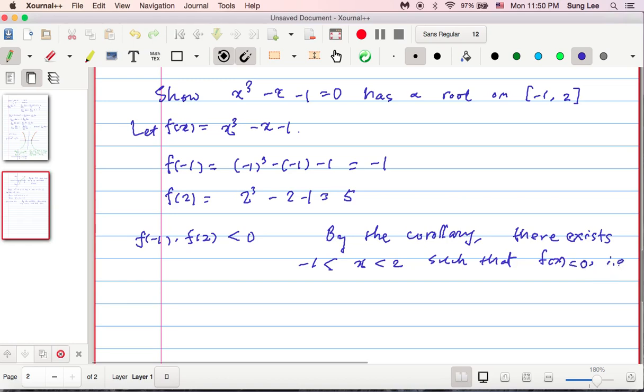In other words, x cubed minus x minus 1 equals 0. We don't know what the root is exactly, but at least by this corollary, actually the intermediate value theorem, we know that there is a root x between -1 and 2, inside this closed interval.